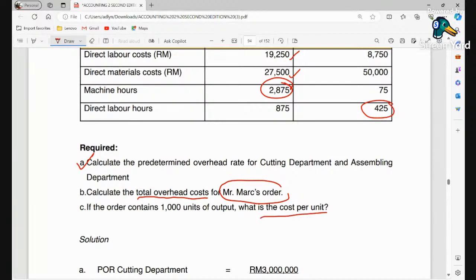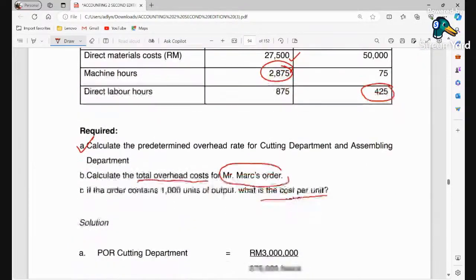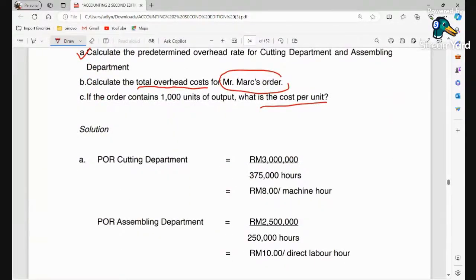So kita kira POR dulu. Cutting department, I am using the machine hours, whereas for the assembling department, I am using the direct labor hours. This is given in the estimation data earlier. Your estimated MOH is 3 million divided by 375,000 hours, so kita akan dapat POR is RM8 per machine hour.